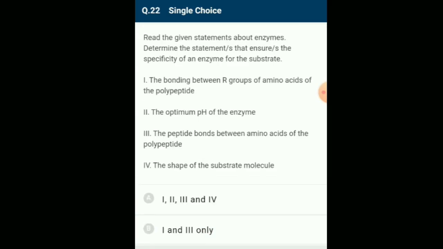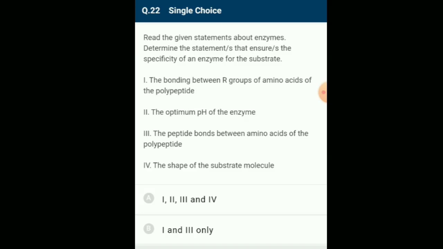Question number 22. Read the given statements about enzymes. Determine the statements that ensure the specificity of an enzyme for the substrate. Here four statements are given. The enzyme is generally made of proteins and the proteins are made up of amino acids. The amino acids have an R group as a functional group whose variation results in the formation of different amino acids.